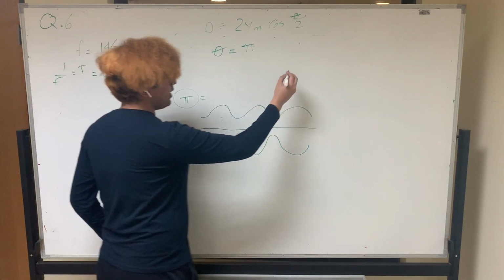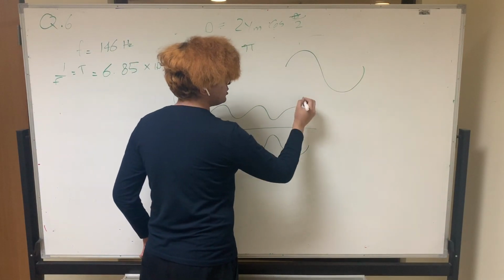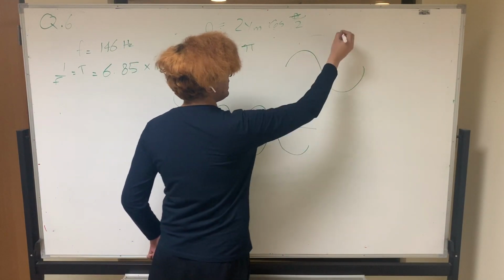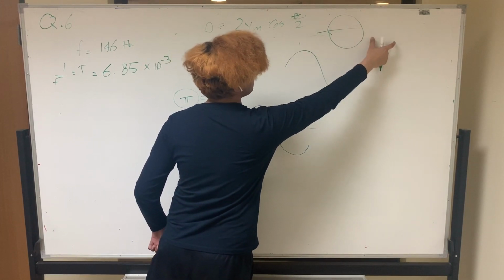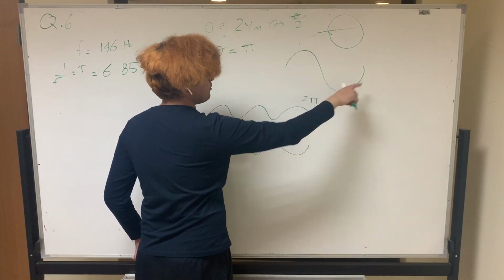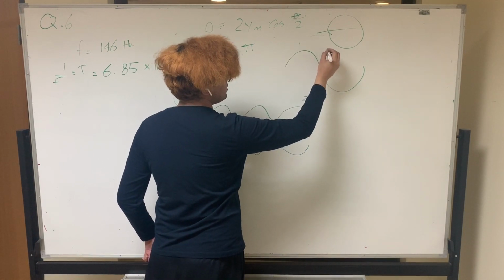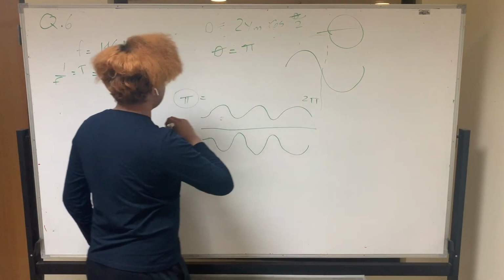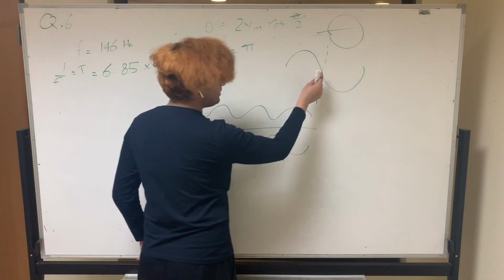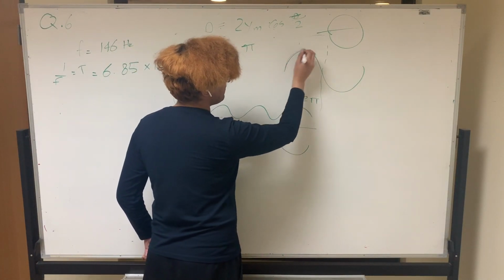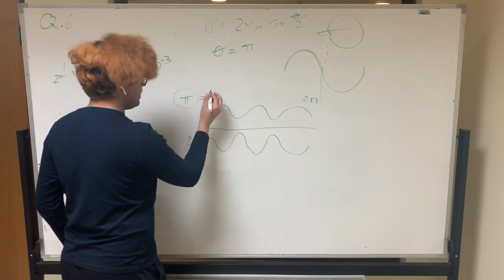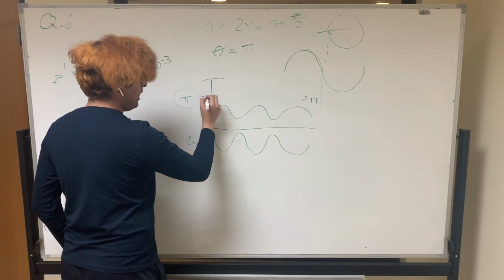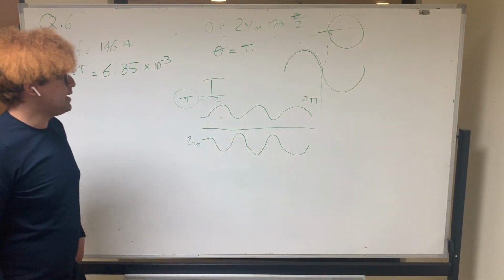So we know a full wave is 2 pi, okay? It's like a full circle, and you take this half to the left, or to the right. So this is a full wave. So if you have pi here, that means half of the wave. And if you have half of the wave, then it takes 1/2 of the period.